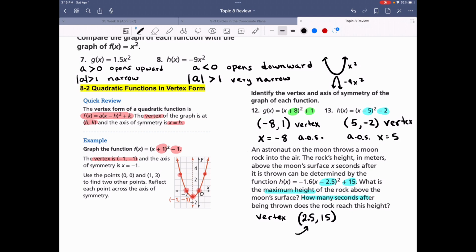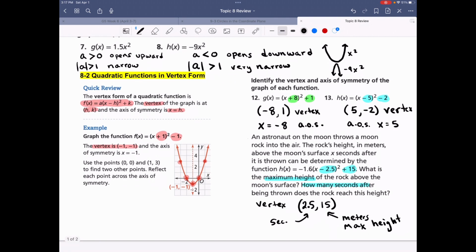And this refers to seconds, and this refers to meters. So it reaches its maximum height after 2.5 seconds, and the maximum height is 15. So that's max height. And when you're ready, turn the page.